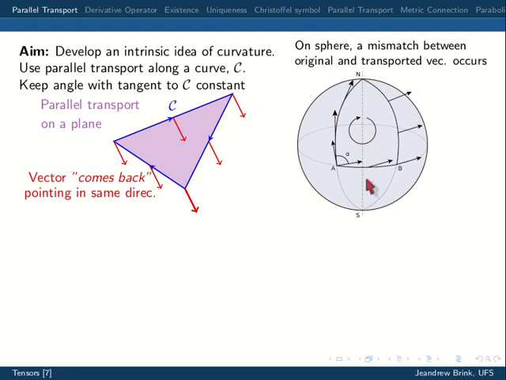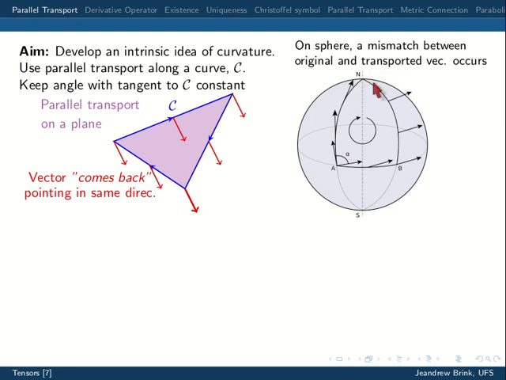Okay, so have a look at this. Suppose we start with this vector A, and we are on the sphere, we keep the angle between A and this curve constant as we go to the North Pole. So there's the same angle, we get to the North Pole and we point that way.